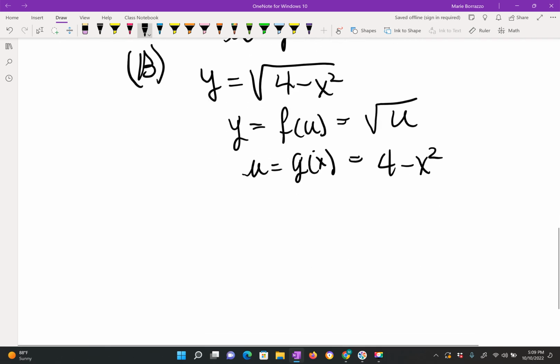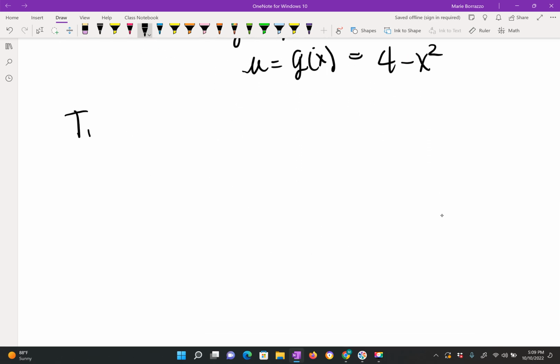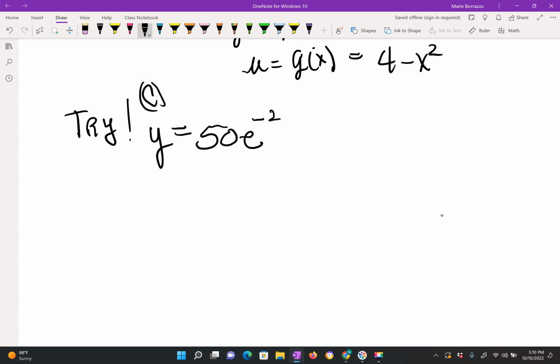That's awesome. All right, so try this one. Same question stem I'm giving you for part C. Let's call it part C. y equals 50 e raised to the negative 2x.